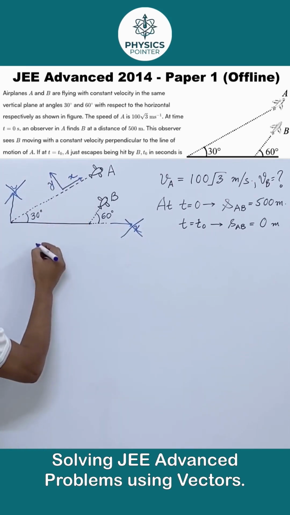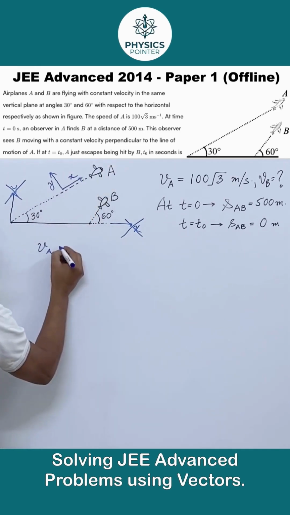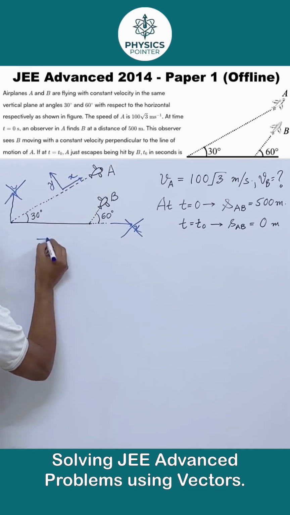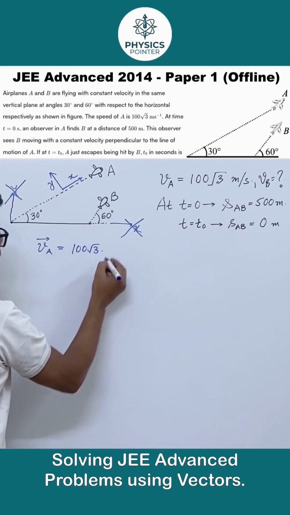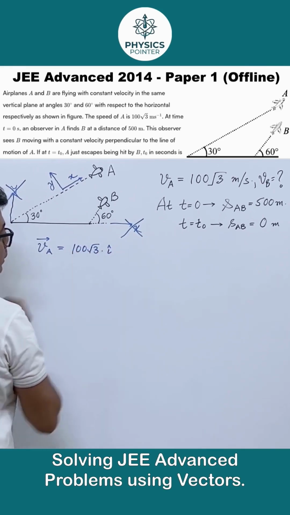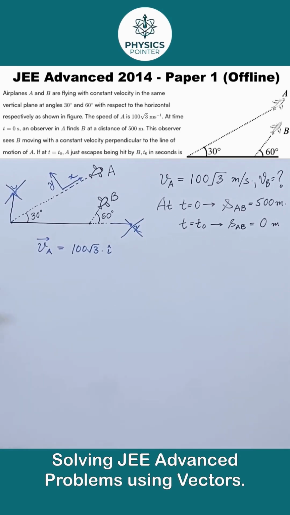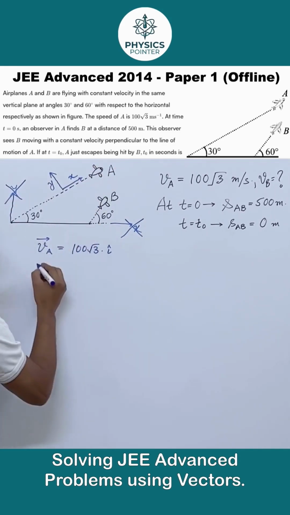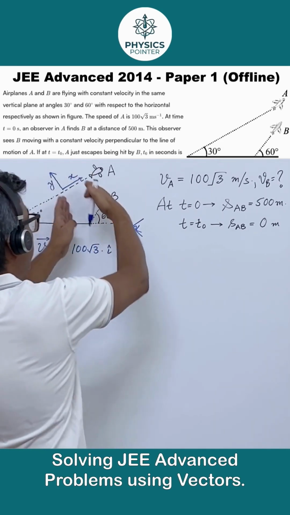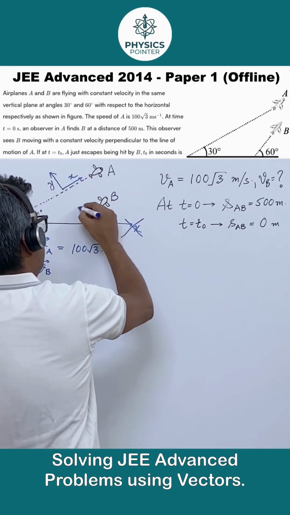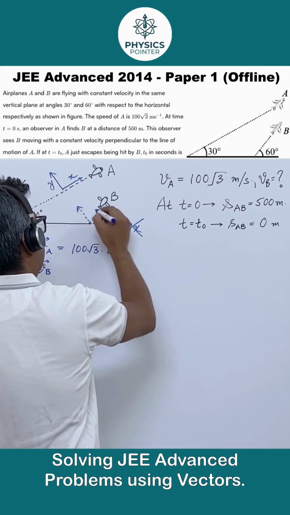Now let's see. If we say VA, and it's moving towards the X direction, so this will become whatever is the velocity given, 100 root 3 in vector I, because X is this direction. What happens for B? If you look into this frame of reference, it will look something like this.